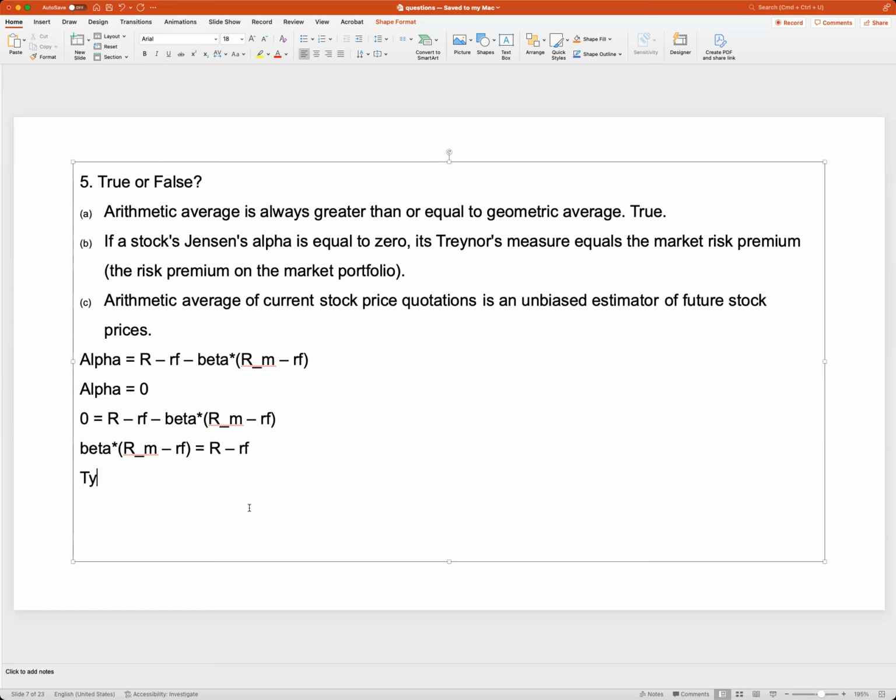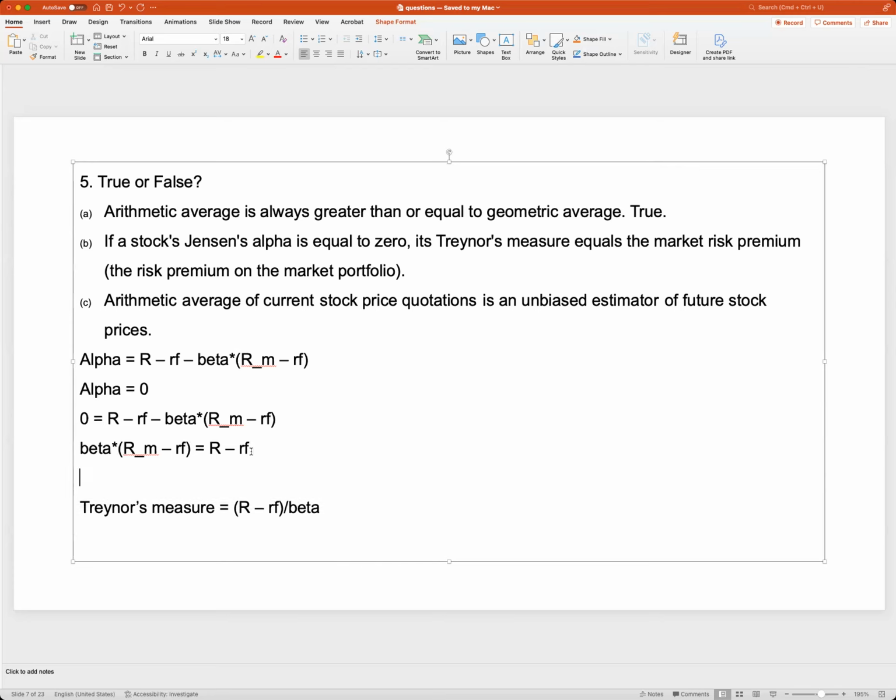Let's remind ourselves, how is Treynor's measure calculated? It equals the stock excess return divided by the beta of the stock. So essentially what we need to do is divide both sides of this equation by beta.